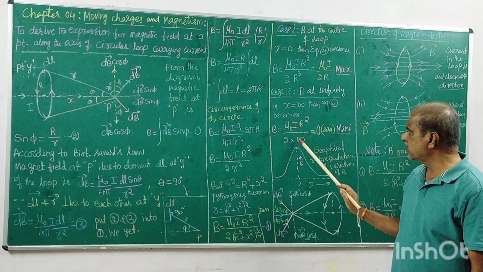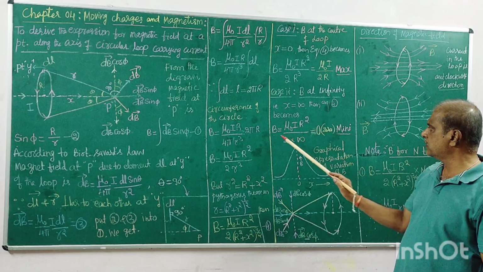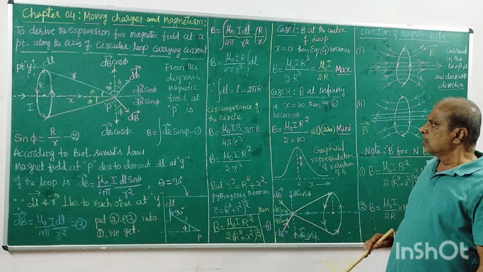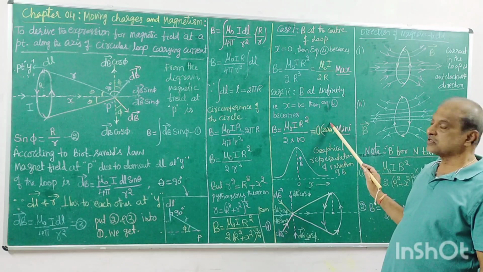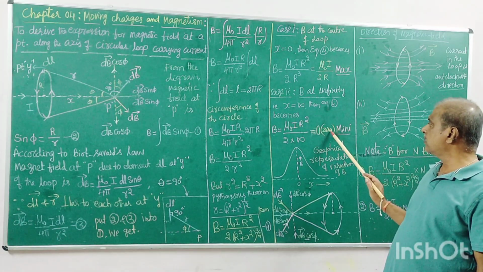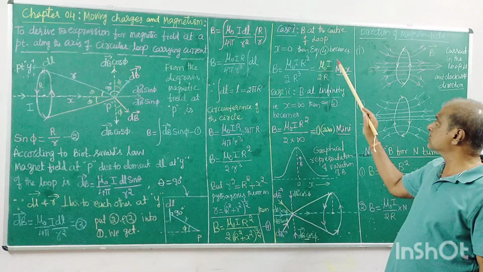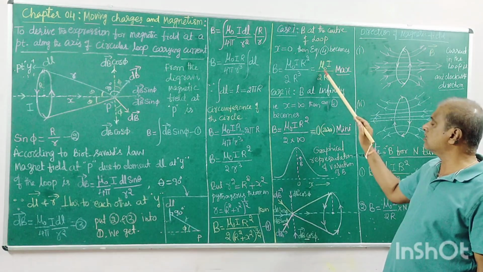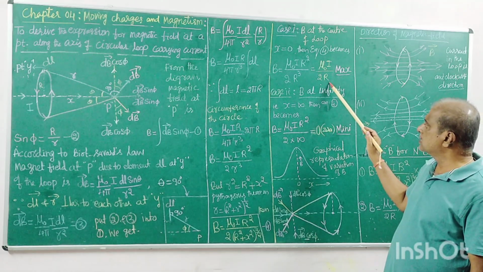So 1 by infinity is 0. That is why B is 0. The value of B is 0 at infinite distance. So the minimum possible value is 0. Maximum possible value is this value, mu naught I by 2r.